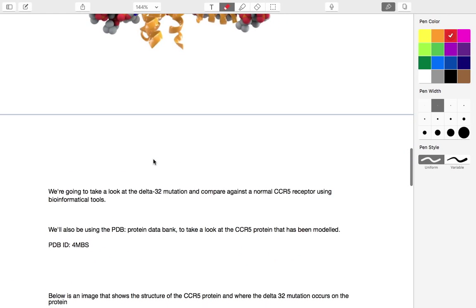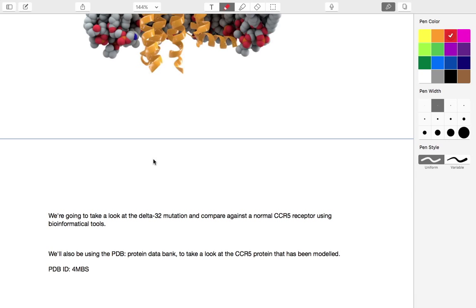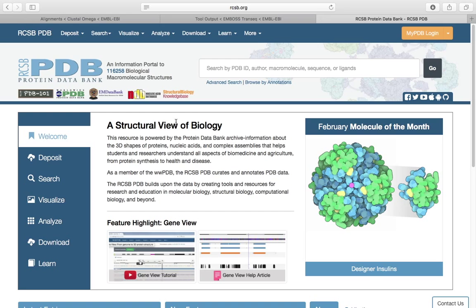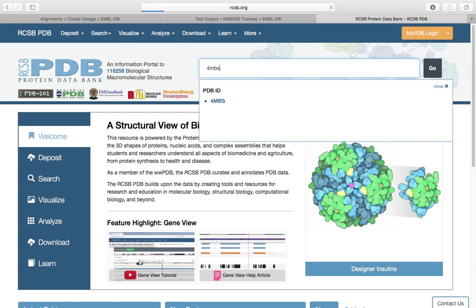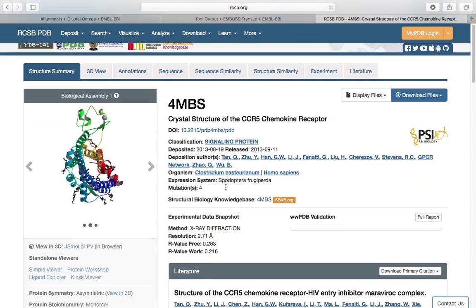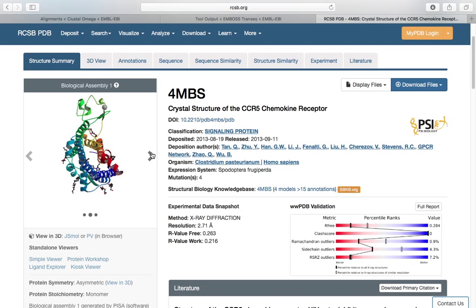So the last thing we're going to do is take a look in the Protein Data Bank at the CCR5 protein. And this is the crystal structure of the CCR5 chemokine receptor.